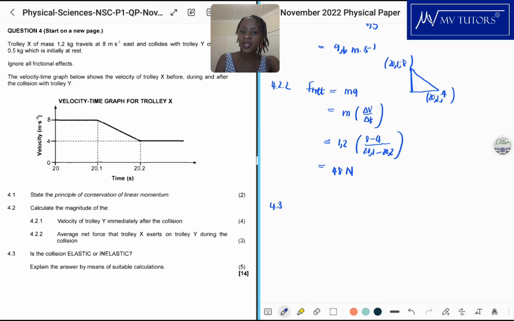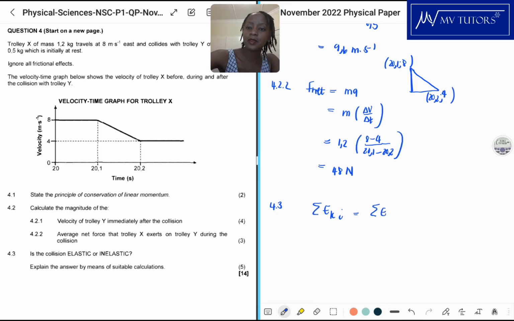If both of them are equal, then yes, we have an elastic collision. But if they're not equal, we do not have an elastic collision, so it's basically inelastic. All right. So we're going to do the sum of kinetic energy, not kinetic friction. Kinetic energy. All right. And we're also going to look at it.